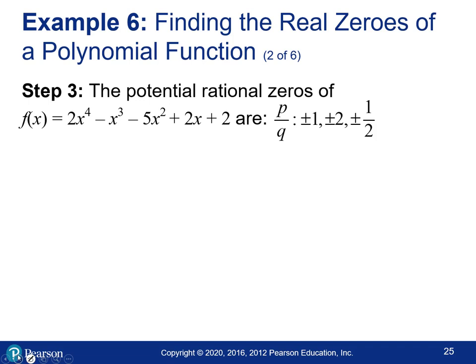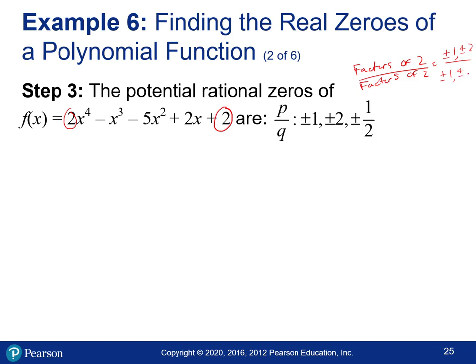And now your list of possible rational zeros, take the factors of the constant, which is 2. So factors of 2, and divide them by the factors of the leading coefficient, which also happens to be 2. So divided by the factors of 2. So that would be positive and negative 1 on top, positive and negative 2 on bottom.